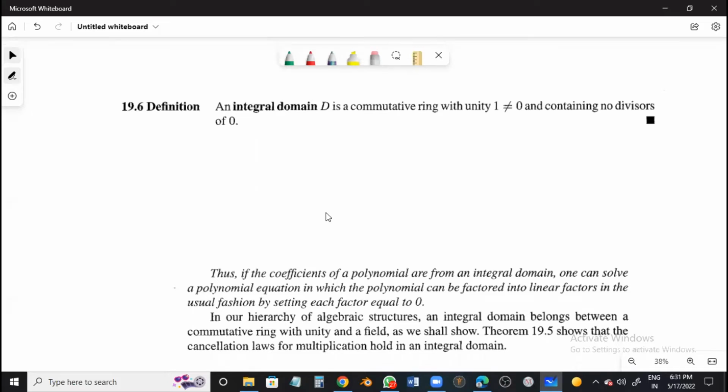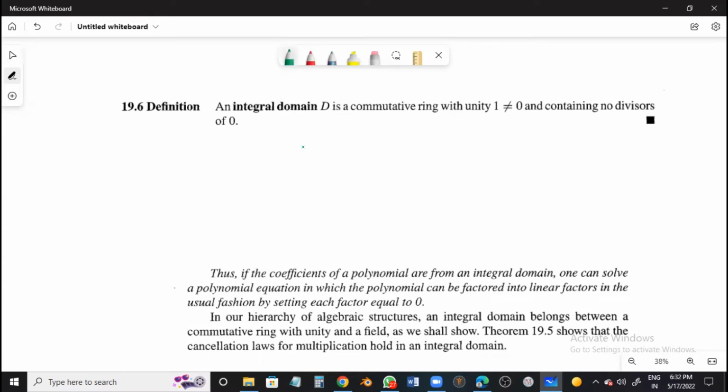I repeat, it's a commutative ring. So basically it's a ring. Multiplication is commutative. Multiplicative identity is there and it has no 0 divisors. Such a ring we call an integral domain. I repeat, the ring is commutative, contains unity, and there are no 0 divisors, then it is an integral domain.